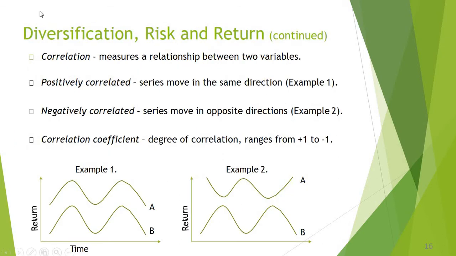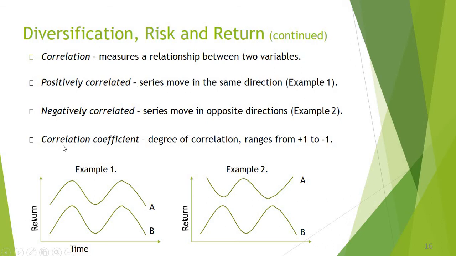So for the diversification of the portfolio, we need to know the correlation between assets, which simply measures the relationship between two variables, or the relationship between the returns of two assets. If returns of the assets are positively correlated, their returns will move in the same direction.